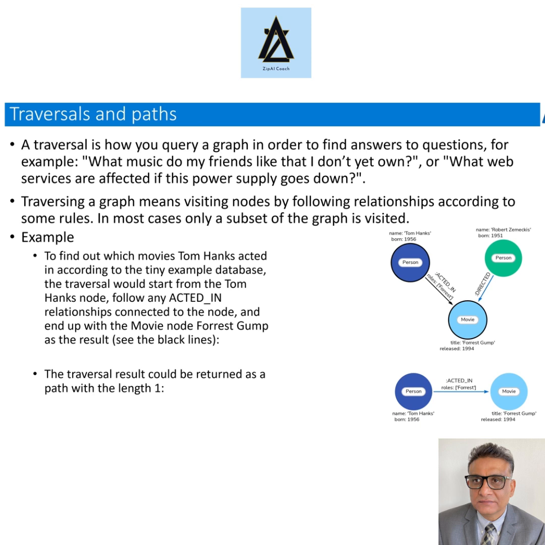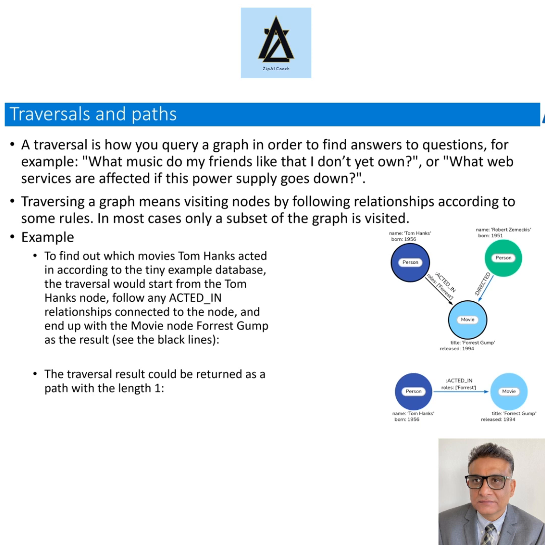For example, to find out which movies Tom Hanks acted in according to the tiny example database, the traversal would start from the Tom Hanks node, follow an acted in relationship, which is connected to a node, and then end up with the movie node, which is Forrest Gump.